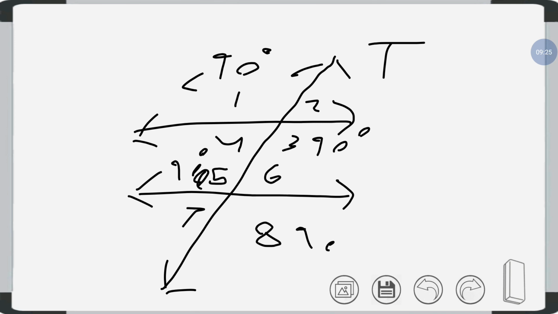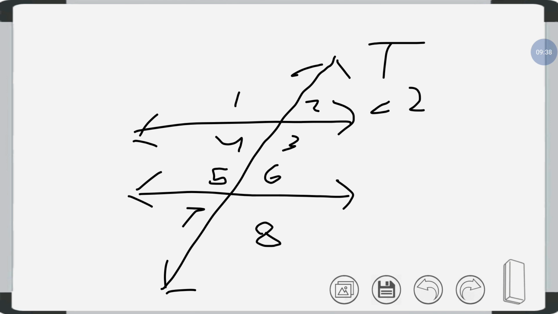Then, for example, wait, let me erase this. If this angle 2 is 30 degrees, we can know angle 4 is also 30 degrees because they are vertical angles, as we said. And if angle 4 is 30 degrees, then angle 6 is also 30 degrees.